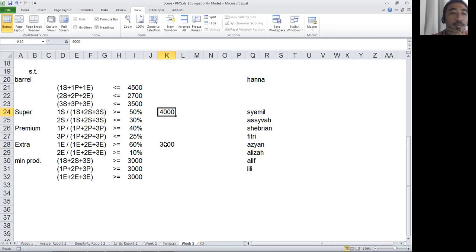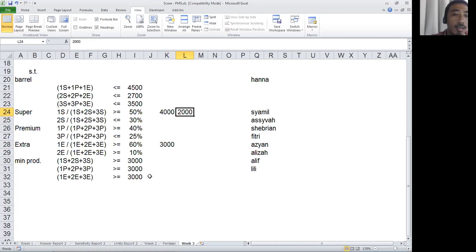This is just one of the examples. The total of super is 4,000. The total of extra is 3,000. So you can still produce it, right? 50% of 4,000, so you put 2,000. Right? 60% of 3,000, you put 1,800.